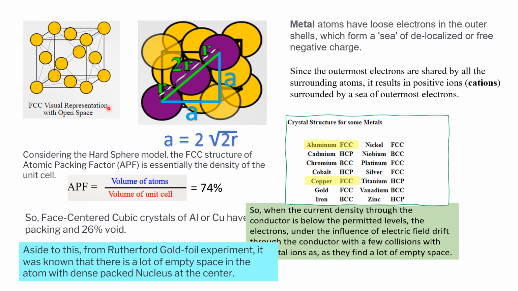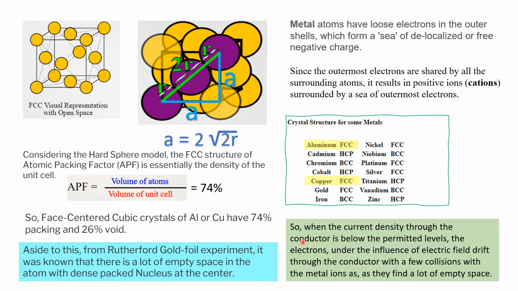So based on these two facts, it is clear that when the current density through the conductor is below the permitted levels, the electrons under the influence of the electric field drift through the conductor with few collisions with the metal ions. That is why they don't displace the metal ions when the EM current density limit is not violated, because there is a lot of empty space.